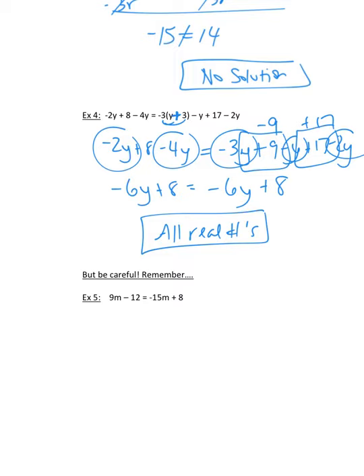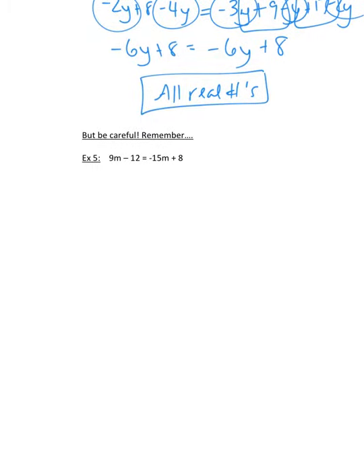Okay? Now, be careful. Just remember that these two situations are not the situation where, if I were to try to solve... let me see here what I did. Okay, it looks like I have another typo here.